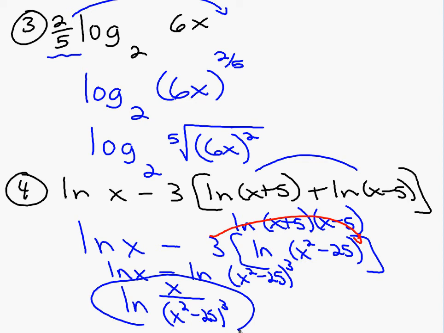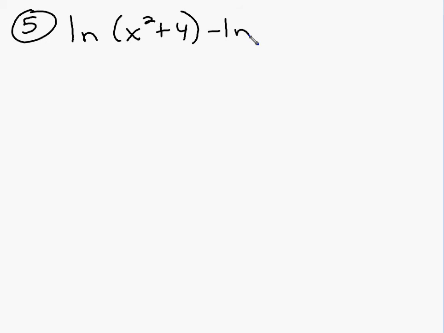All right? Let's do one more, and then we'll stop. This is a good problem because people often get confused on what to do on this problem. Natural log of x squared plus 4 minus the natural log of x plus 3 minus the natural log of x minus 3.